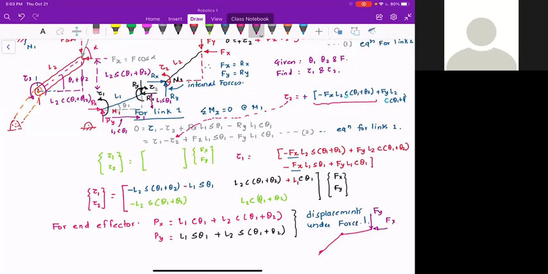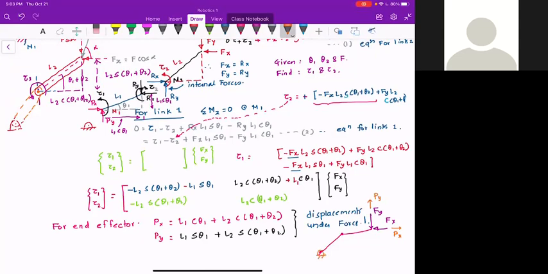So what are px and py? Px is the travel in the x direction, and py is the travel in the y direction. Everyone understood this?